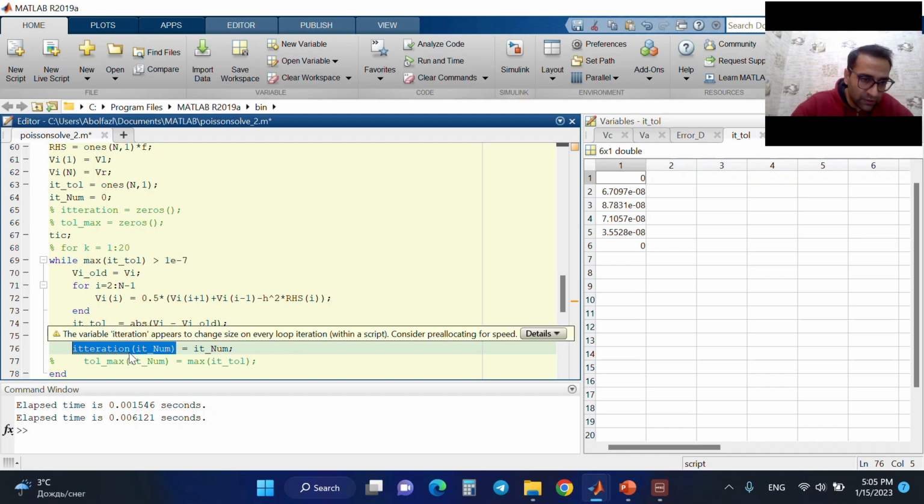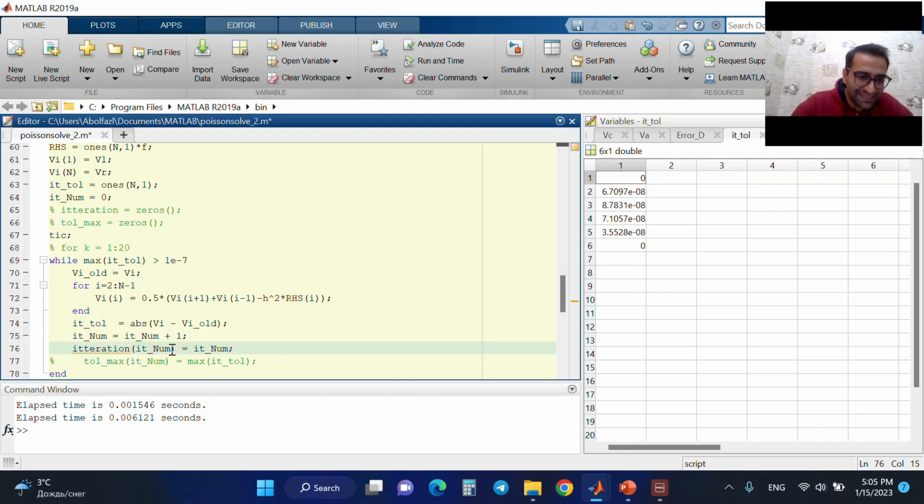I define it with iteration, and this index i shows indeed the number of cells of this iteration. We can easily check it. Just press F5. If you look at the iteration, where is the iteration here?